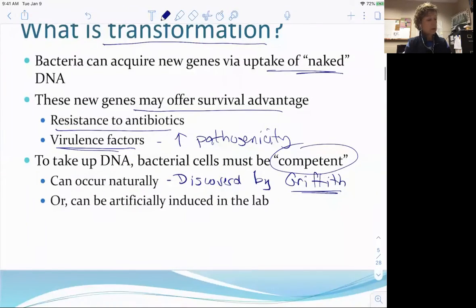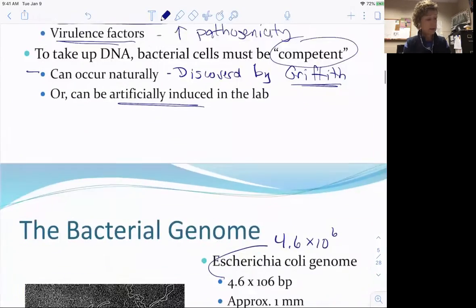So this was discovered by accident by Frederick Griffith, kind of an interesting story, something we can talk about a little bit later. And later it was discovered that you can artificially induce this in the laboratory. And this has then become a mainstay for cloning genes and enabling us to express those genes in host cells.